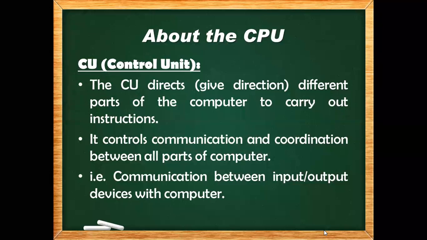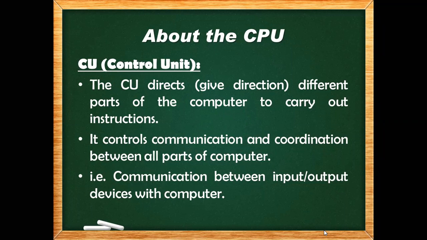For example, if someone asks you, where is the room of a specific person? Where is the office of that specific company? Where is that bank? You give them directions. So we can say you direct that person.